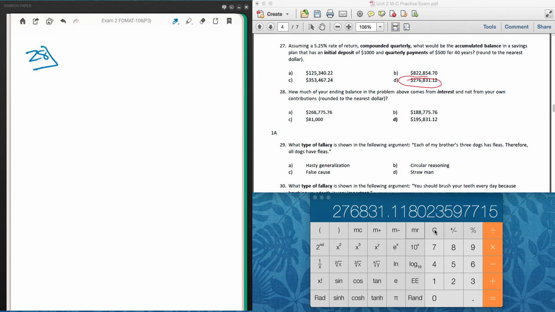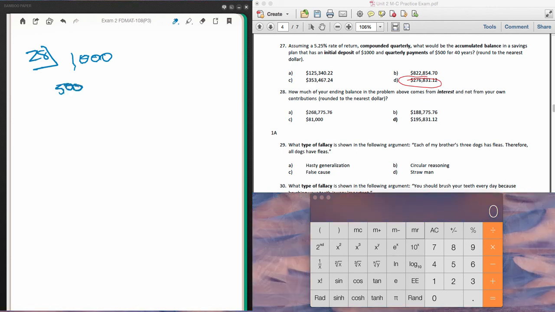We know that we had $1,000 that we put in right off the bat, and we had $500 that we did 4 times a year, and we did that for how many years? 4 times a year for 40 years. So we go 500 times 4 times a year times 40 years, add on to that the $1,000 that we started with. So $81,000 of that was what we put in.